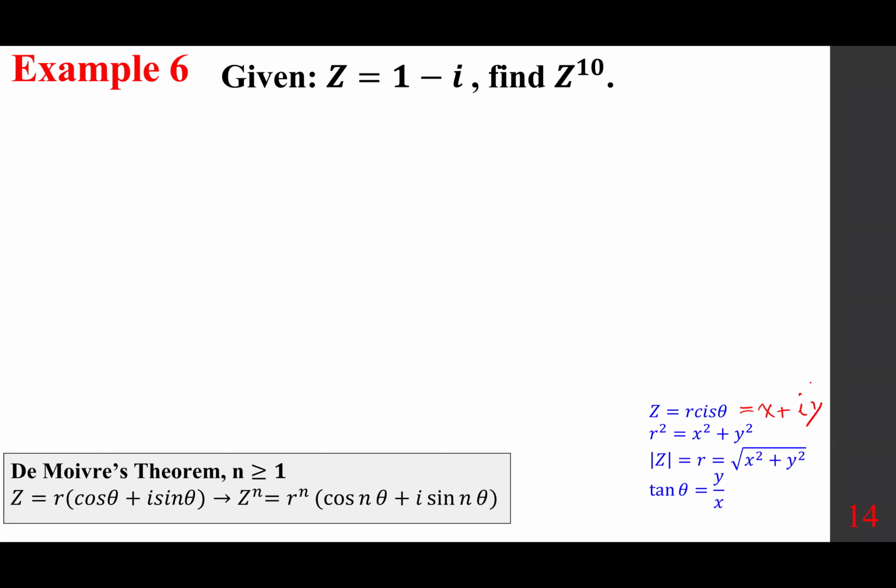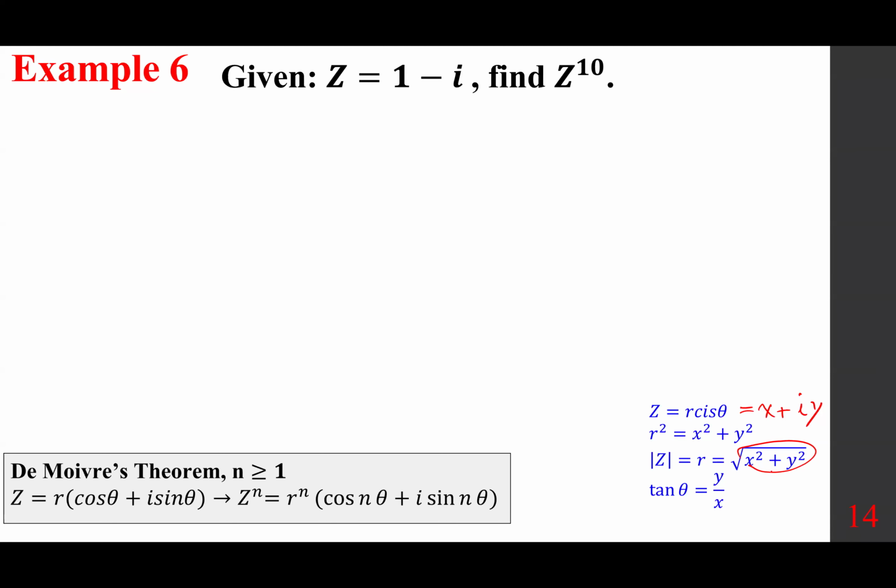Okay, everybody? So it's important to understand that this means x plus iy. That's why we have r as the square root of x squared plus y squared.